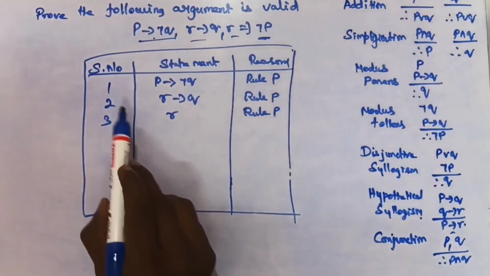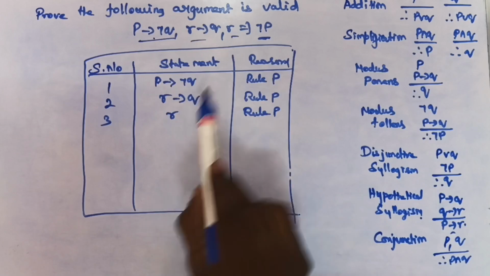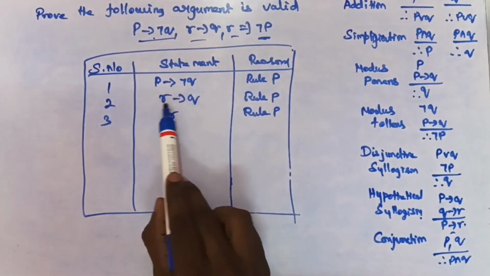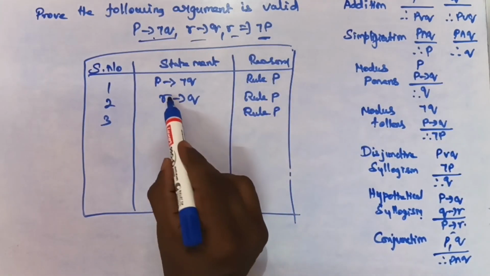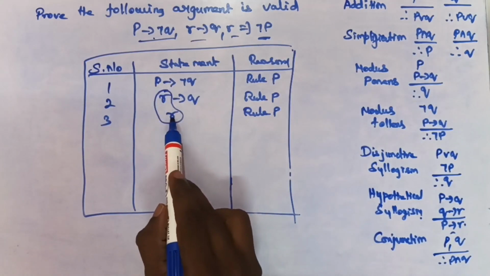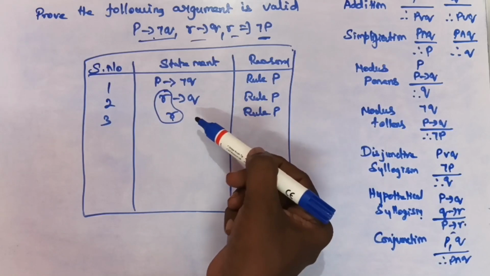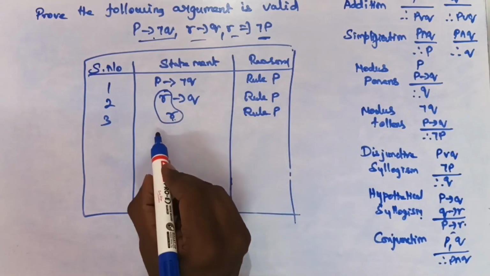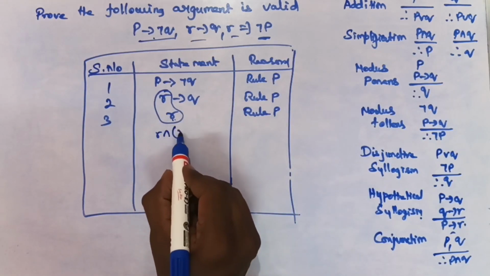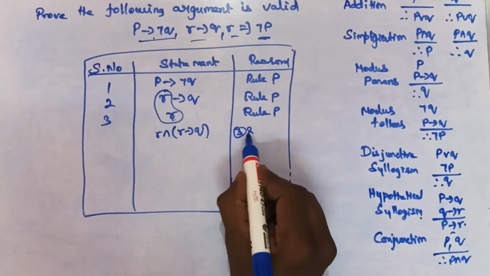Now come to this: P condition not Q, and we have to prove not P. See, these two R's are the same. Rows 1 and 2 have a connective, the AND. So this is nothing but R and R condition Q, rows 3 and 4.